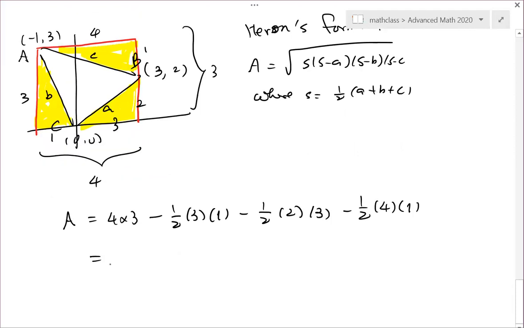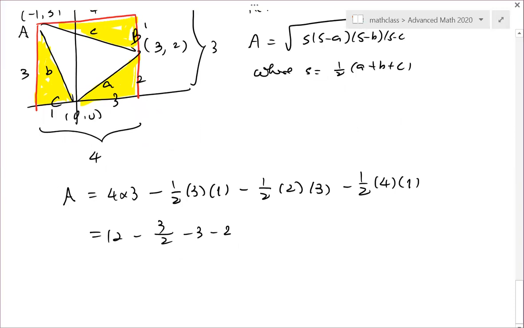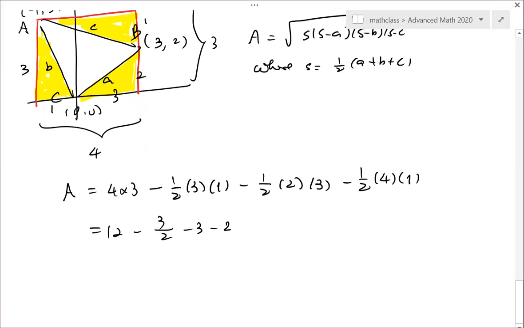So simplify it: 12 minus 3 over 2 minus 3 minus 2. So it's 7 minus 3 over 2, and then 14 minus 3 is 11 over 2.